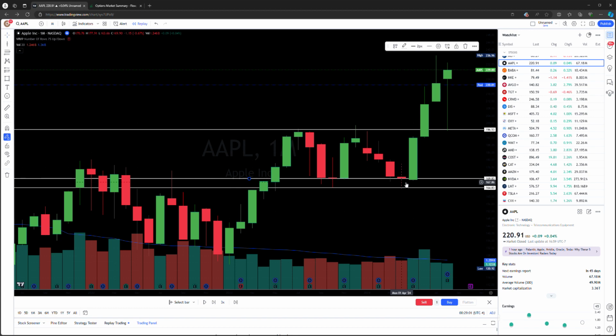If you go back and look at Apple during April 1, 24, you will see a multi-day point of control developing down here and multiple signals on the 15-minute time frame, and then you have your markup. So this is your distribution and markdown, and then you have your accumulation and then markup.